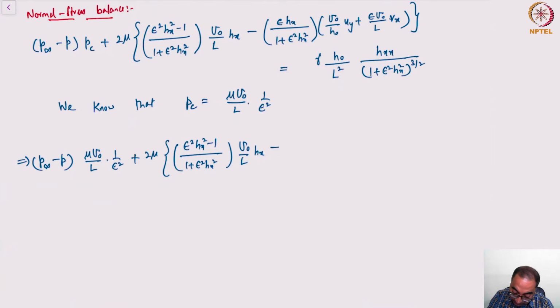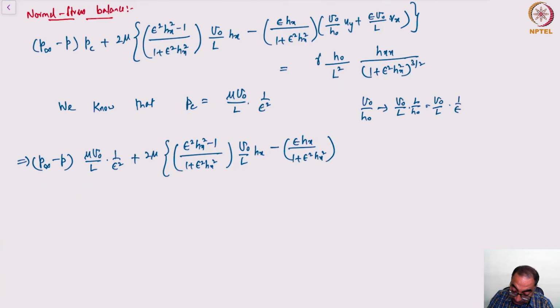Then we have minus epsilon hx by 1 plus epsilon square hx square times u naught by h naught. Remember, u naught by h naught essentially becomes u naught by L into L by h naught, so this term essentially becomes u naught by L into 1 by epsilon.